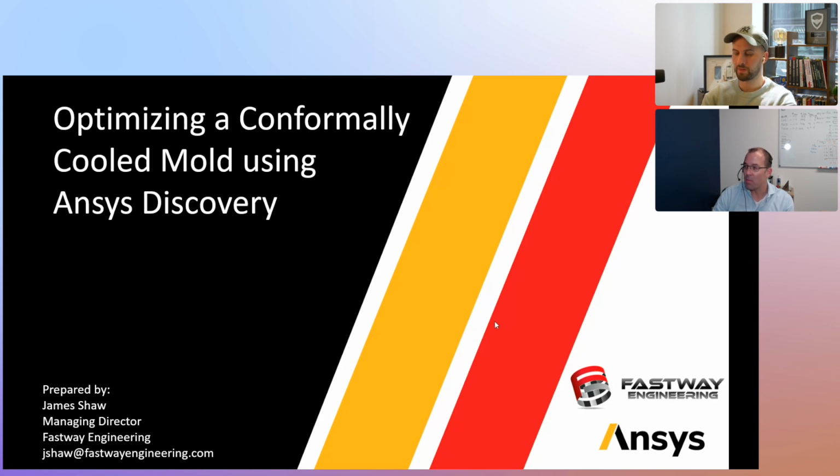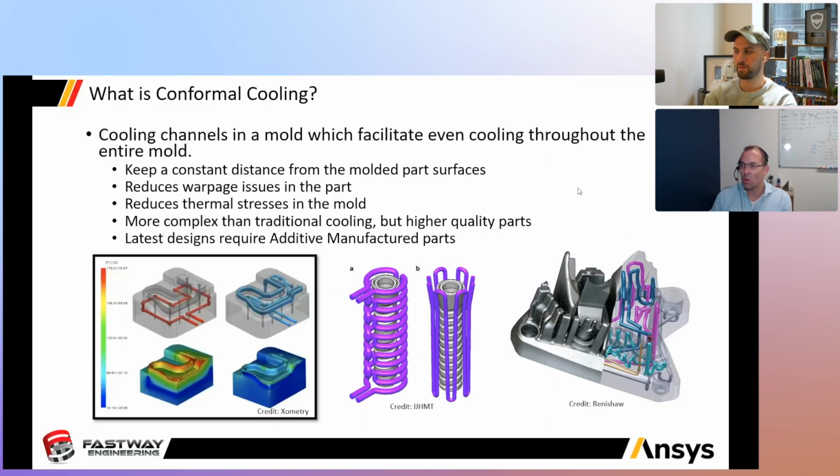But before we jump in, I wanted to provide a bit of context. For those who are not familiar or relatively new to the term conformal cooling, what we're really talking about is a cooling circuit, an internal fluid circuit that gets designed for, and today we're going to be talking about plastic injection molding. Plastic injection molding, of course, involves usually a gigantic chunk or chunks of steel or aluminum.